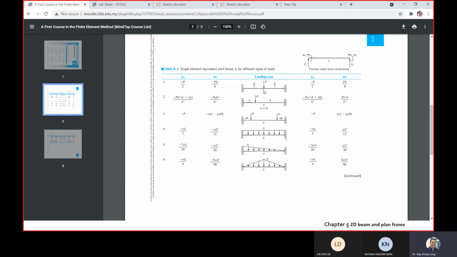We convert this one into this diagram. We change the center focus load into two equivalent forces and a moment in this diagram. Do you see this one? Katana, do you understand what we're trying to do? Yes. Lai, do you understand now? Yes. Okay, so back to our slides here.